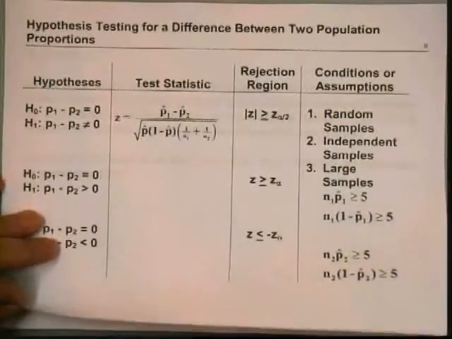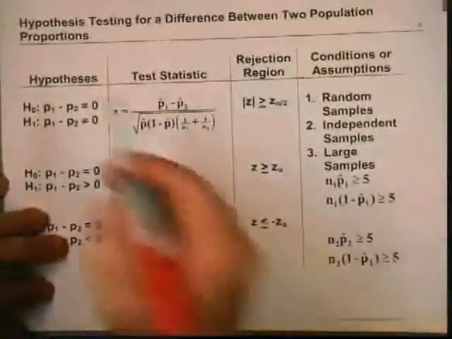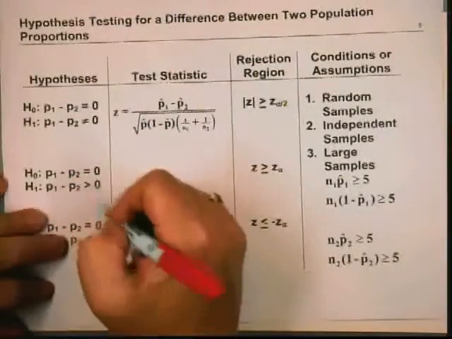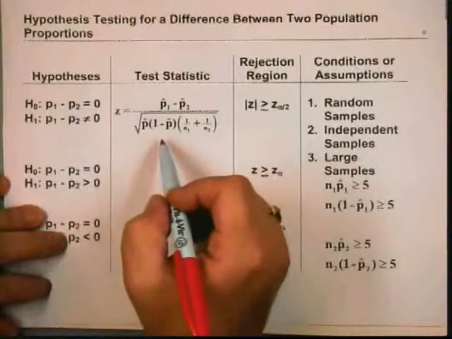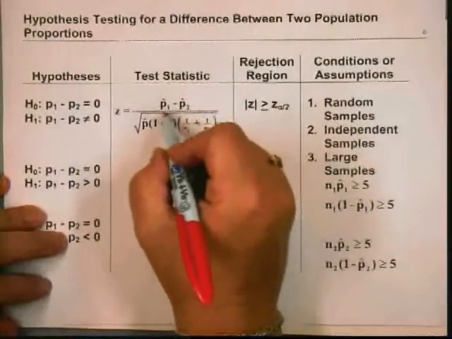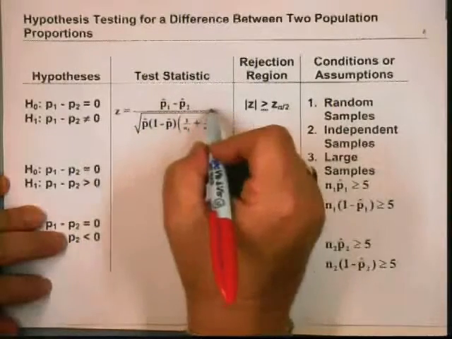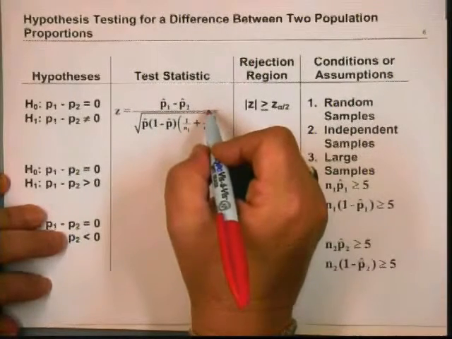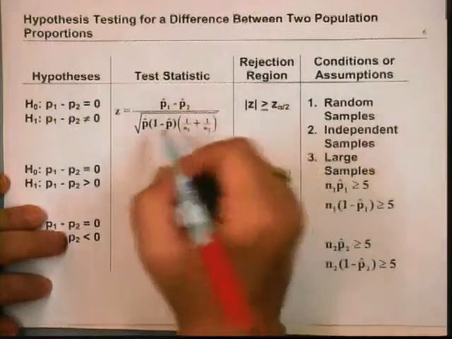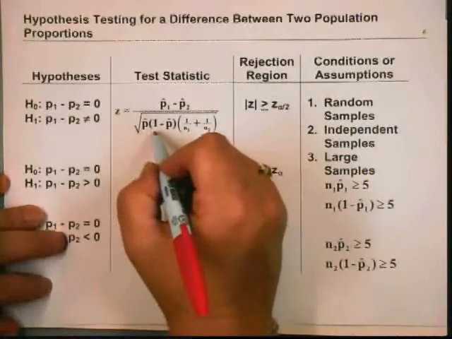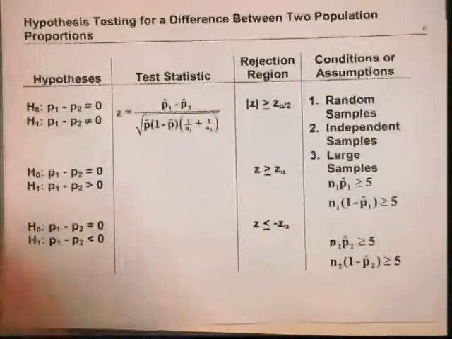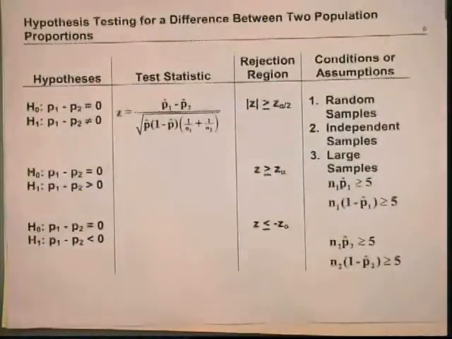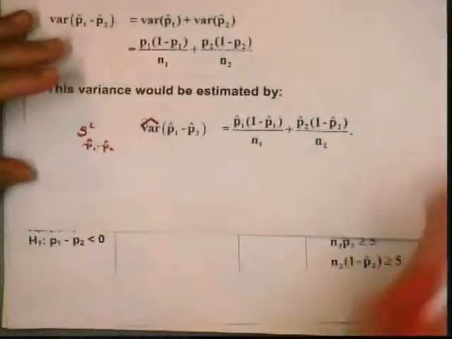So when we look at the hypothesis testing situation, whether we're looking at two-sided tests or one-sided tests, for the difference between P1 minus P2, notice over here what happens. This is our estimate up here, P1 hat minus P2 hat minus the hypothesized difference of 0. So I don't have minus 0 written, but it could have. In the denominator here, it's P hat times the quantity 1 minus P hat. So what's going on down here is the same thing that we wrote here.